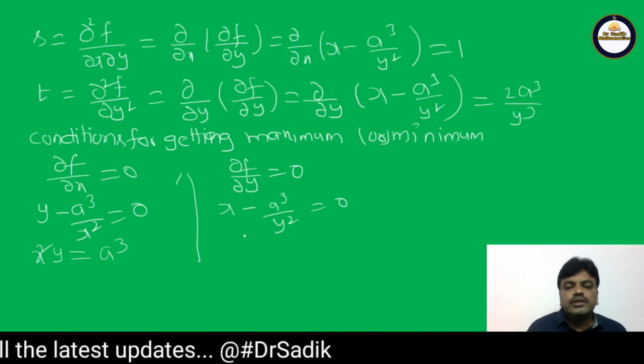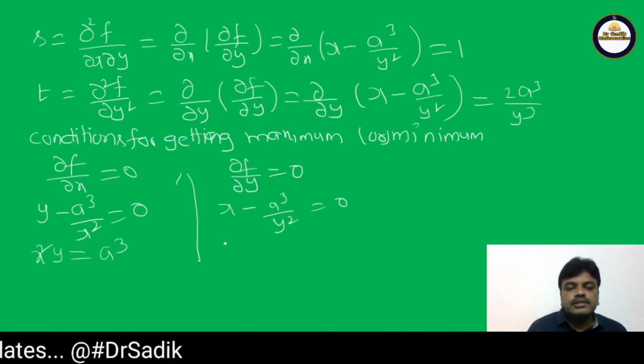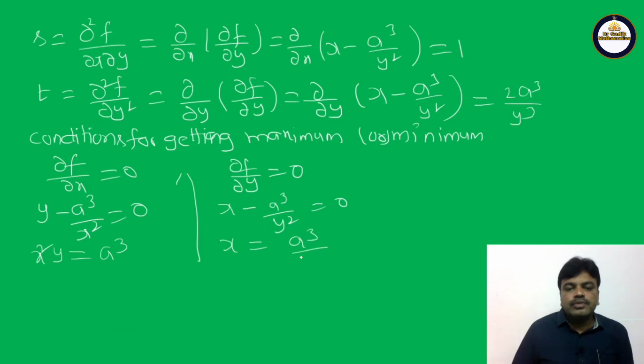Now, I want to write it as x = a³/y². What is the x value here? a³/y². I substitute this value here, then I get (a³/y²)² into y, that is equal to a³.